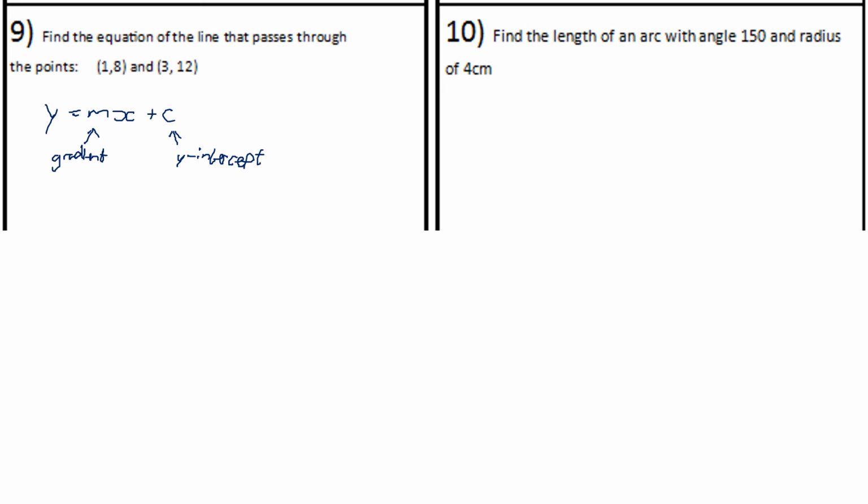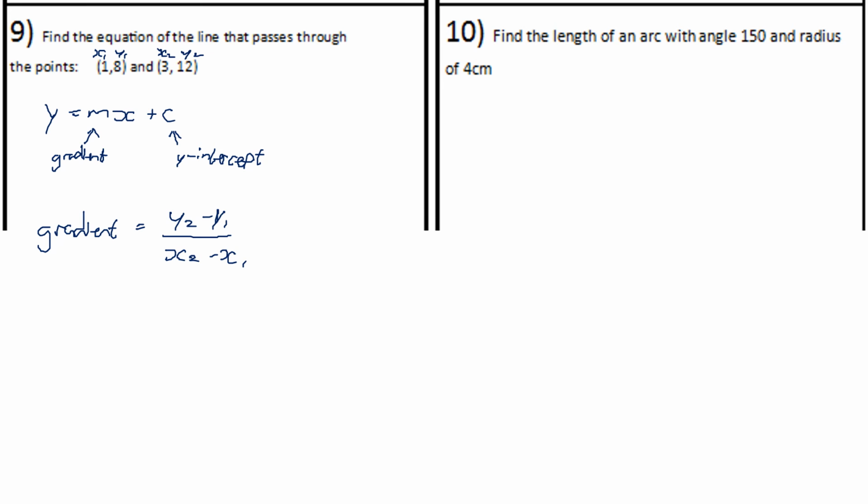So the first thing we're going to do is find the gradient. The gradient is the change in y divided by the change in x. Algebraically, that is y2 minus y1 over x2 minus x1. Let's call this one x1, y1 and this one x2, y2.